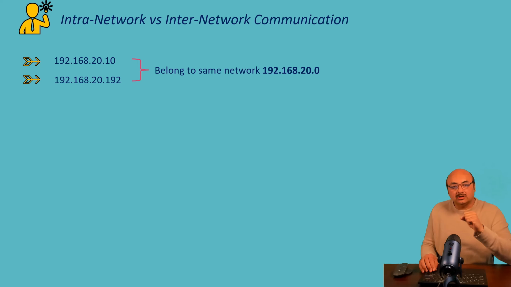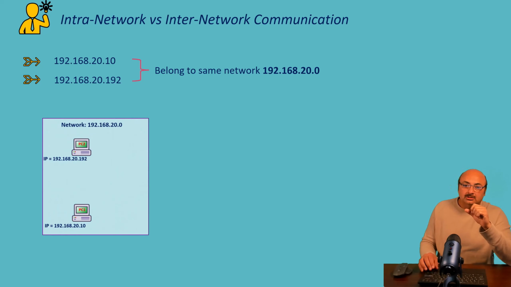Intra-network and inter-network communication. When two PCs that have IP addresses that belong to the same network are communicating with each other, that communication is known as within-the-network communication or intra-network communication. If you have to visualize them, both PCs belong to the same network 192.168.20.0.